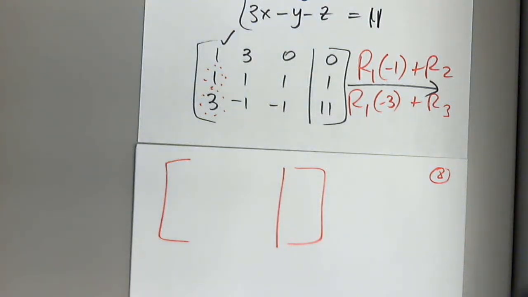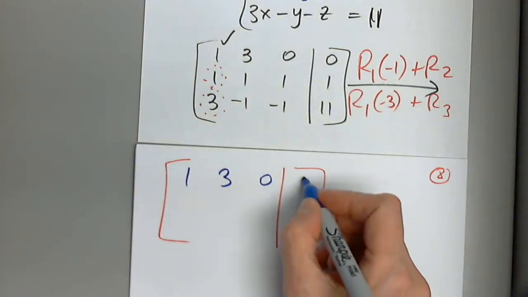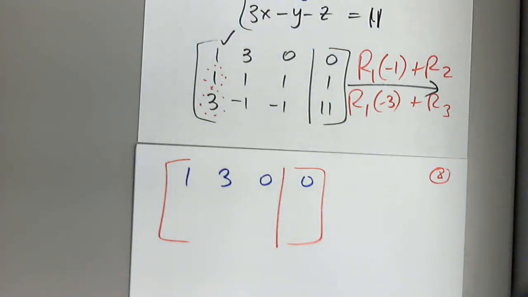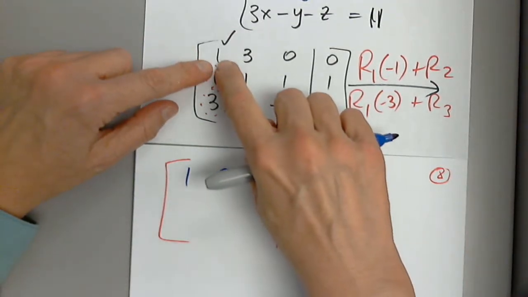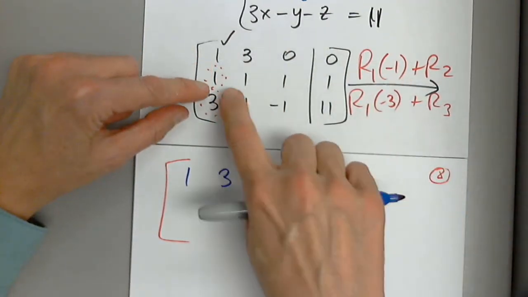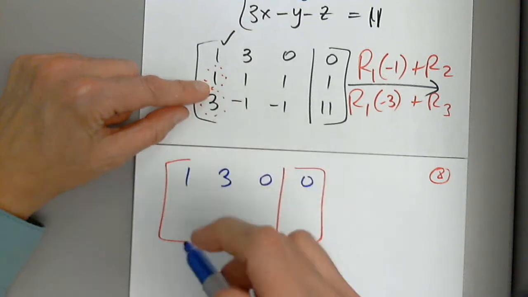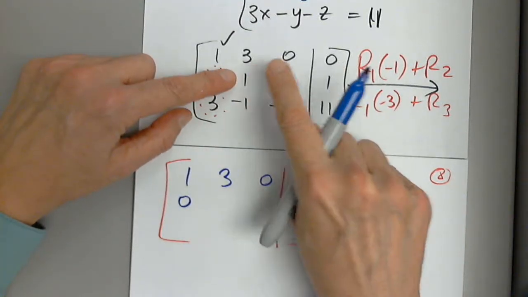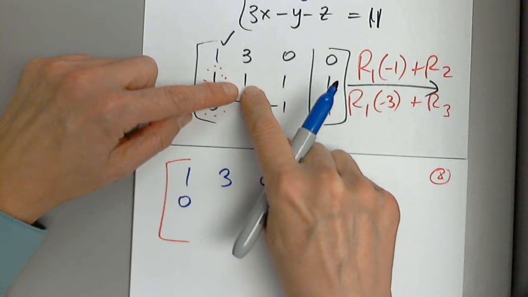Which row do I copy because it cannot change? I'm using it. Row 1. Exactly. Very good. So 1 times negative 1 plus 1. 3 times negative 1 plus 1.